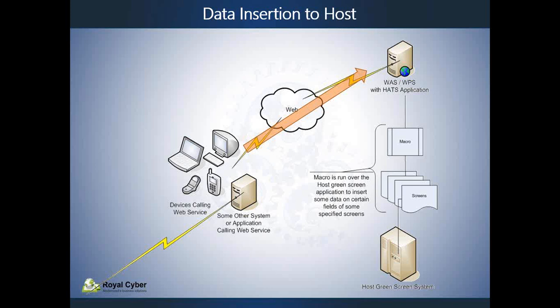The HATS application that is running on some WebSphere application server or WebSphere portal server receives the web service call, puts the received data in some variables or in some other format in the HATS application, and then triggers a macro to traverse some host green screens and put the received data in specified fields on certain screens as defined in the macro.